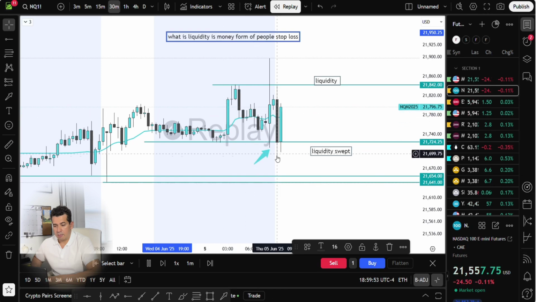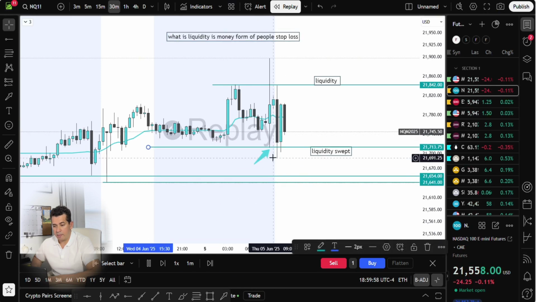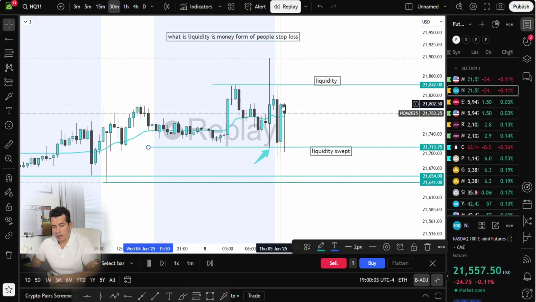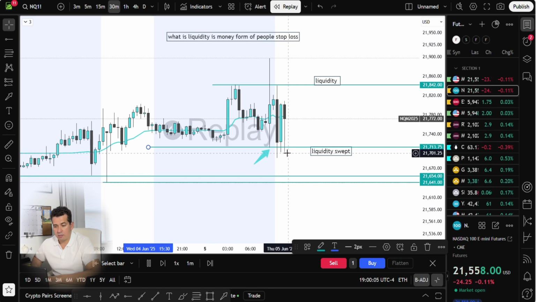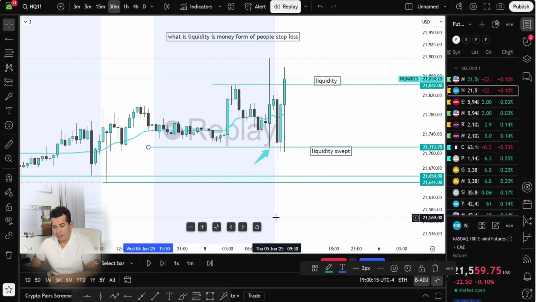So it came down here, took them out right here, this low, this liquidity sweep, that's what it's called. Came down and then it went up, and then it came down again, just a double bottom, and then went up. And this is too much volatility right here, 9:30. Okay, 9:30, 10, 10:30. So you see how price came down here, swept this low over here, and then price turns back up.